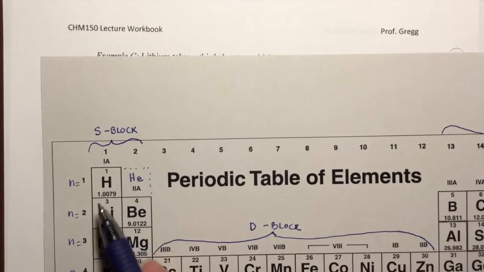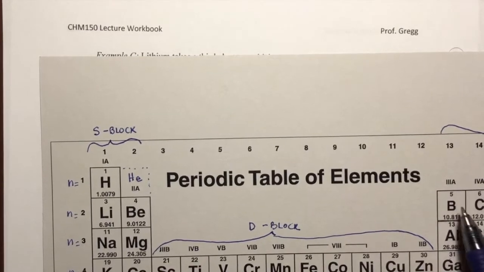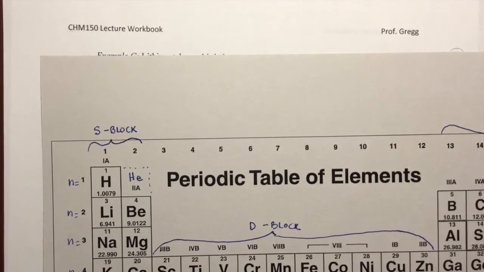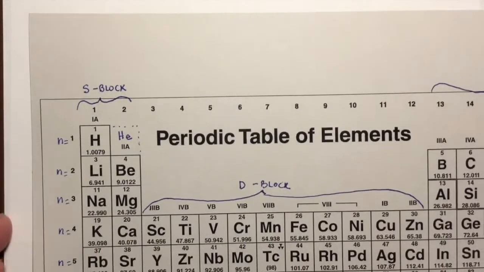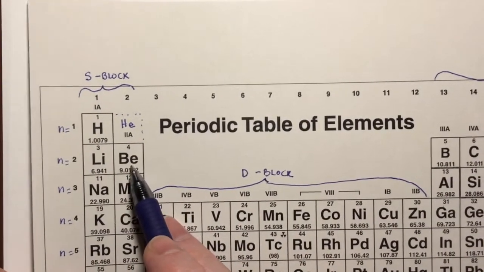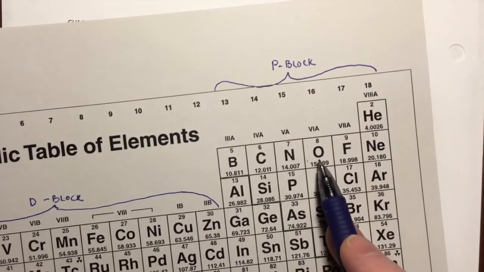And in the 2p block, 2p, 1, 2, 3, 4. So 2p4. So oxygen's electron configuration, without even looking at the diagram, I can tell that it's going to be 1s2, 2s2, and 2p4.